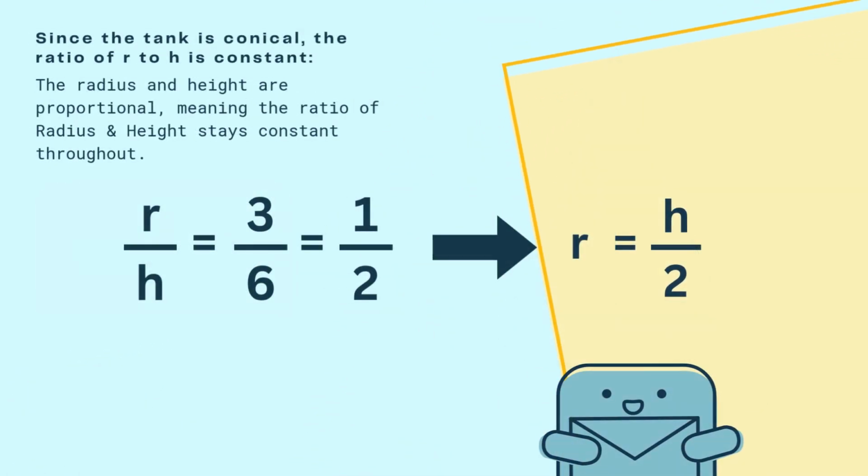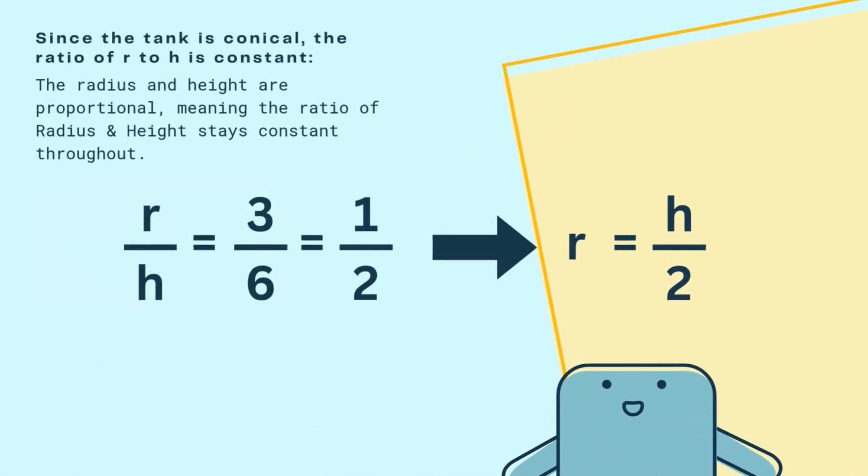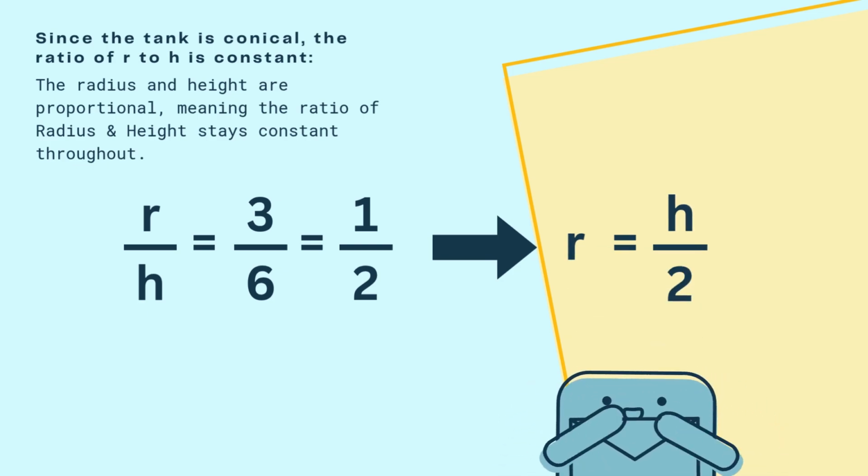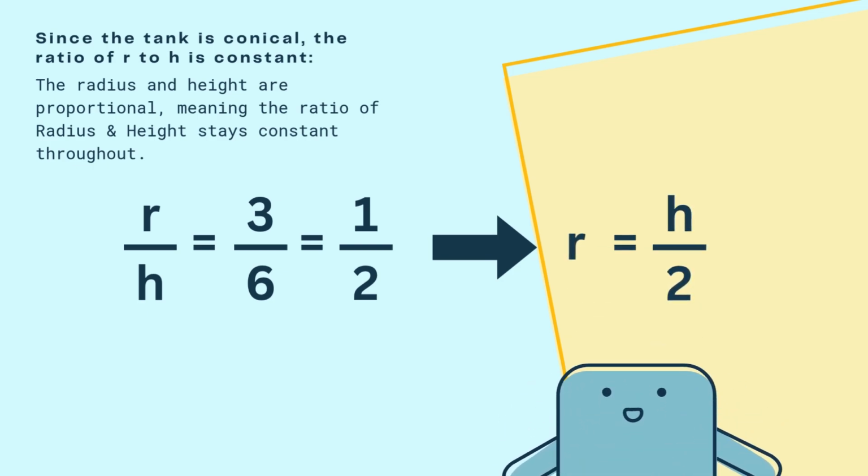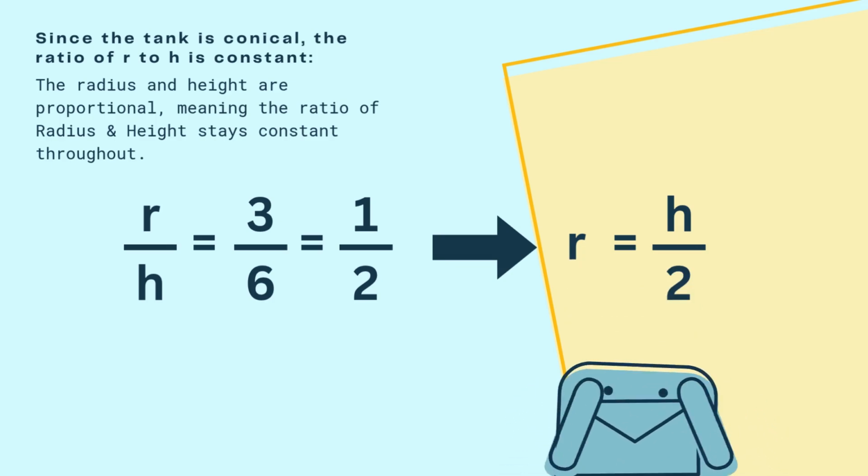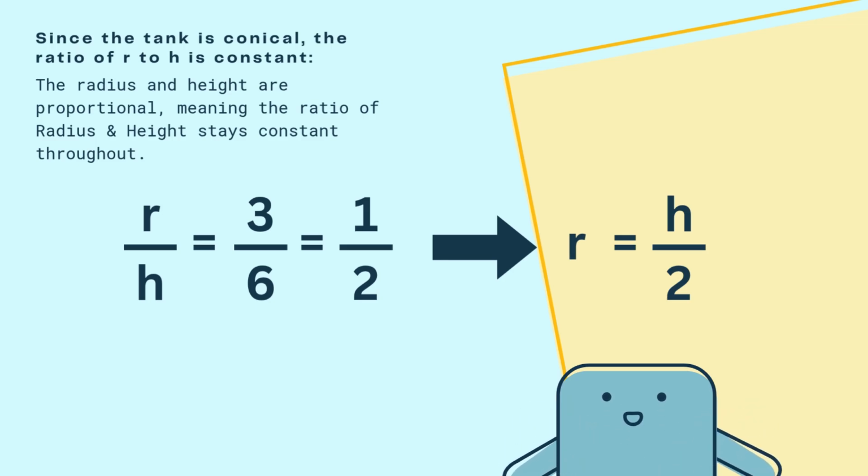Since the tank is conical in shape, the radius and the height are proportional, meaning the ratio of radius and height stays constant throughout. From the calculation that we've done below, we got the value of R equals H over 2. This is going to be important later.